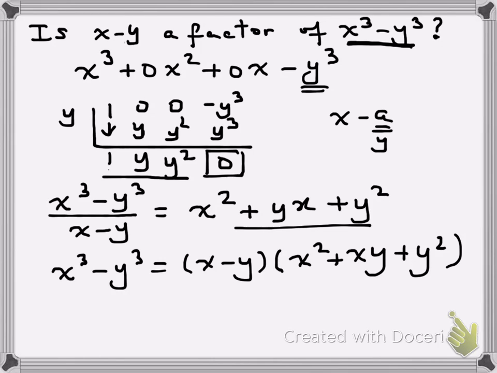But now I want you to look at what we've achieved. We've managed to write x cubed minus y cubed, in other words, a difference of cubes, in this factorization. Remember how we have a factorization for a difference of squares? We've in fact stumbled upon the factorization for a difference of cubes.